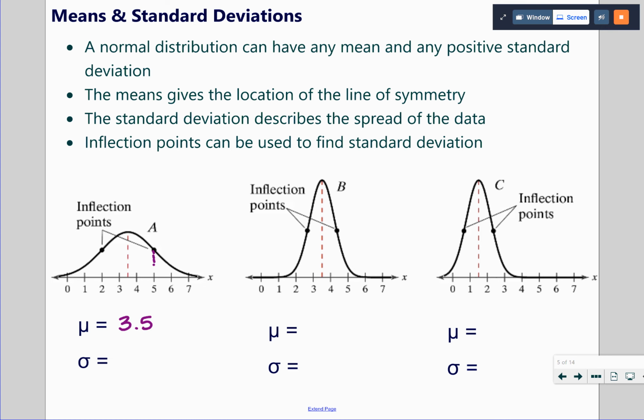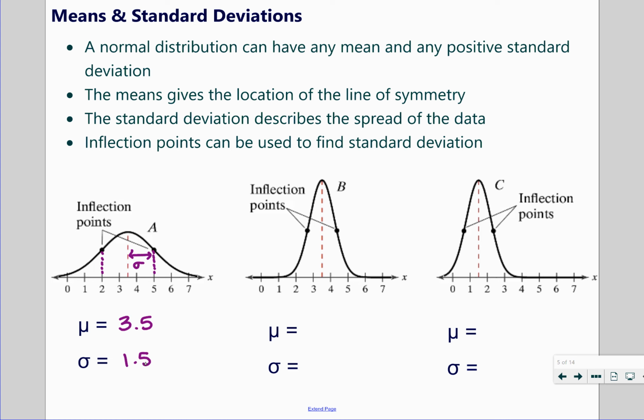You can drop a vertical line down, and it's going to be symmetric on either side, so really you only need one of them. Your standard deviation is that distance between the mean and where we drew that inflection point line. So it looks like it hits at about 5, so the distance between 3.5 and 5 would be a standard deviation of 1.5. Okay, does that make sense?